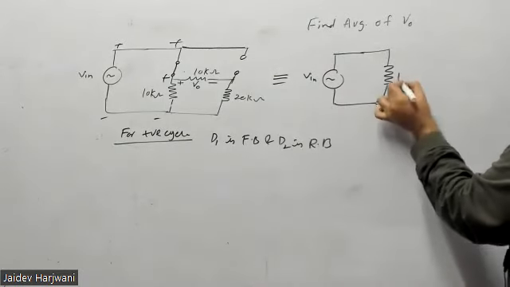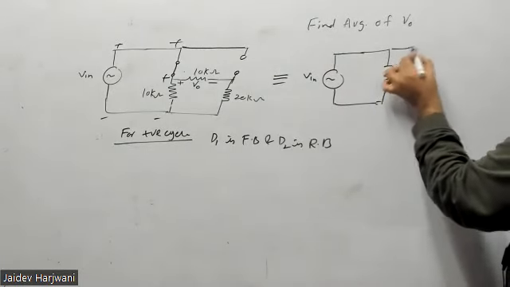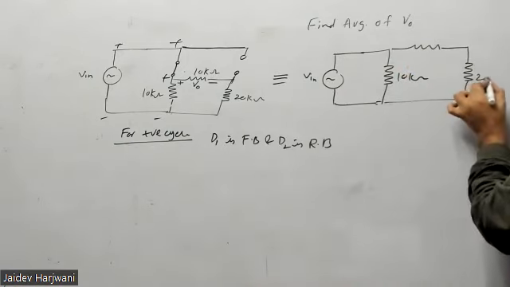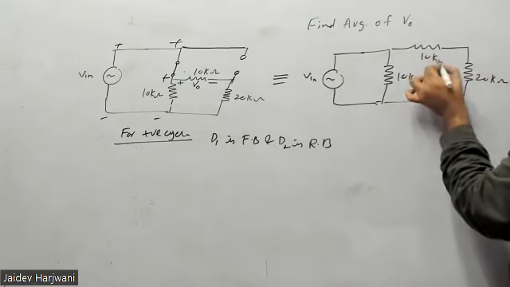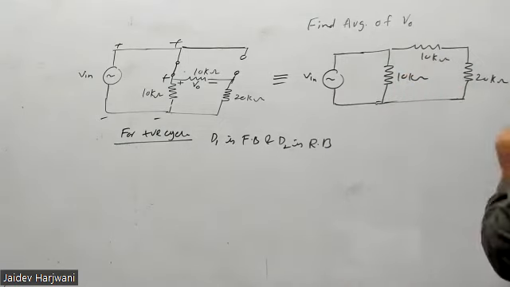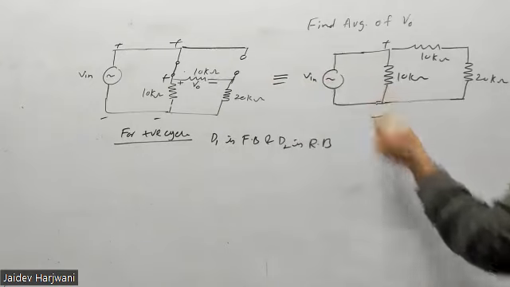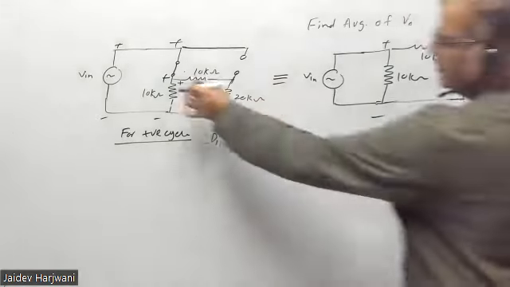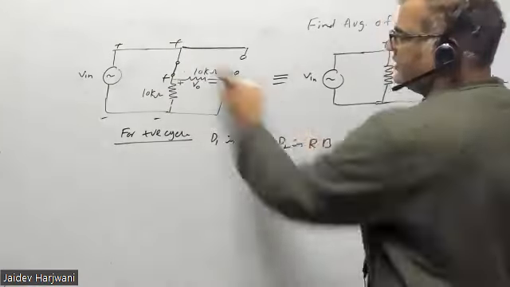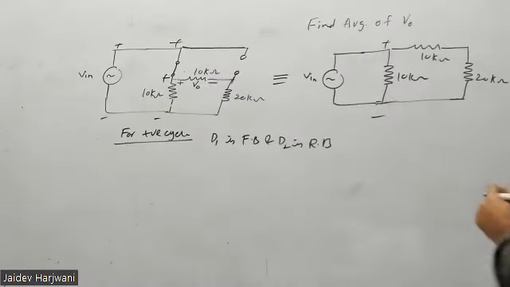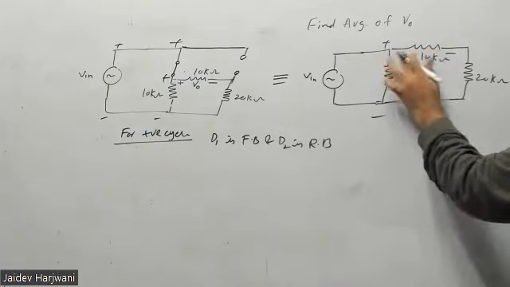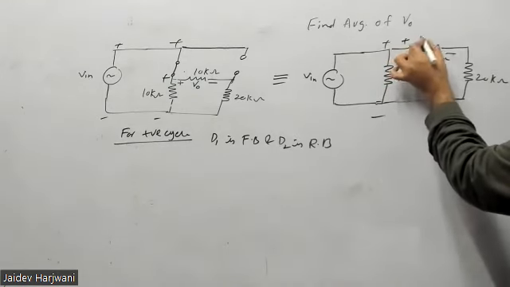This is your 10 kilo ohm, and here you have 10 kilo ohm, and here you have a 20 kilo ohm. Yes or no? Is this circuit equivalent or not? Tell me. Yes, sir. Because you can just take this one and plug it here. This part is removed. So now tell me what is V naught here?